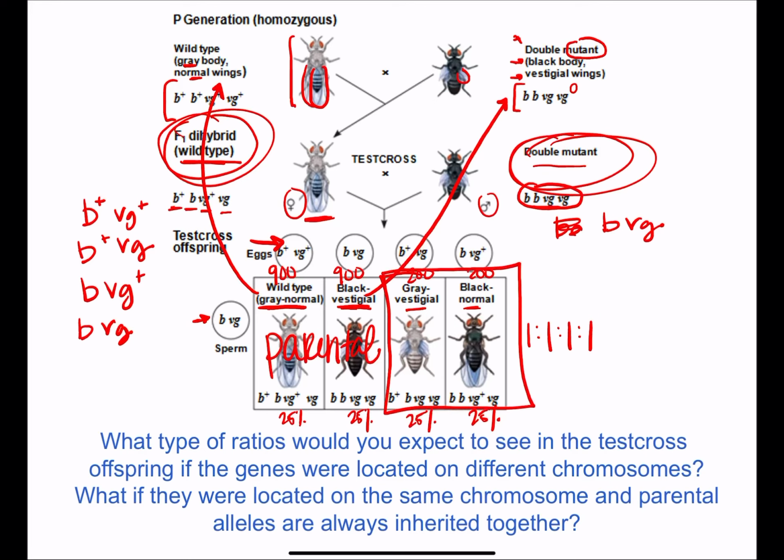These others over here are what we call recombinant phenotypes, okay? And because we saw different ratios than we expected, or I'll say we, I really mean Thomas Hunt Morgan, that's indicating to him that there's something else going on here, okay?